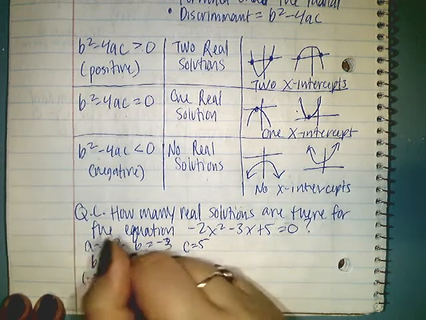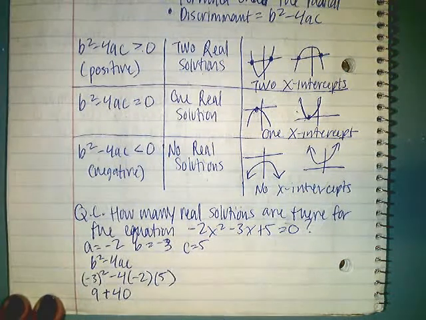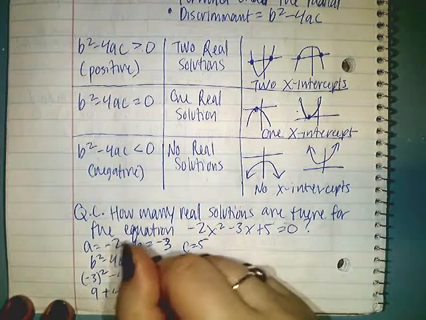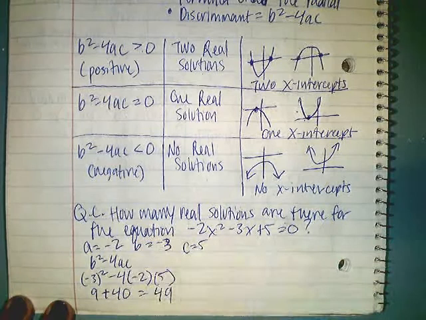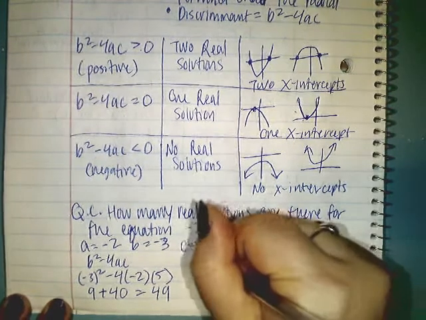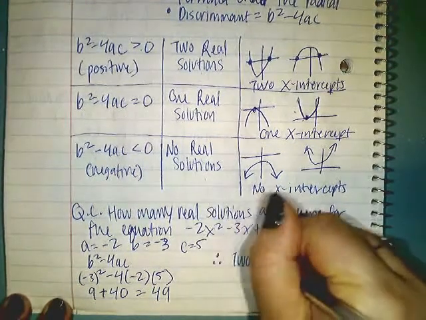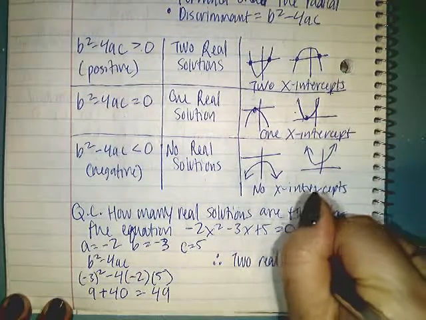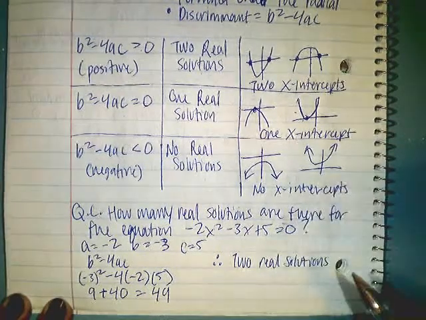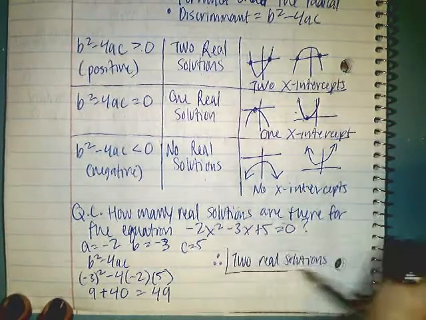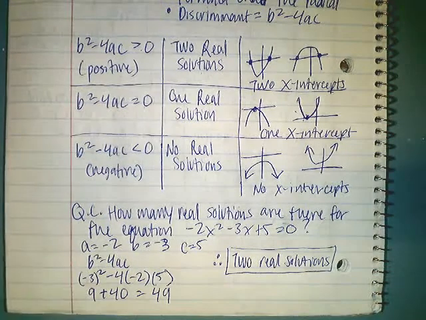So I end up with plus 40 because negative times negative is positive. That is equal to 49. So I get 2 real solutions. That will be my answer, the number of real solutions for this equation.